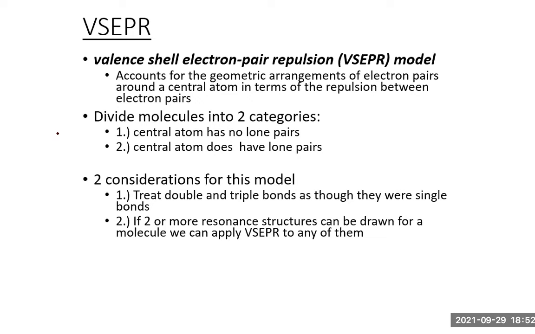So we do VSEPR, which is valence shell electron pair repulsion model. And we're going to see 2 types of molecules. One where you draw the Lewis structure and there are no dots on the center atom, and that means that there's no non-bonding electrons present. And we'll see some where there are dots on the center atom, and that means that we will see some that have non-bonding electrons on the center atom.